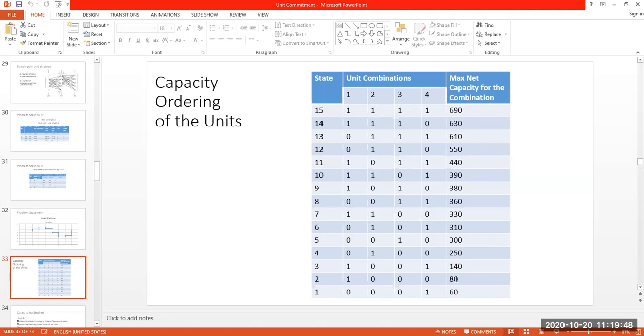Then you simply add up the maximum capacities of whatever binary combination comes within these 4 columns and fill this up. Then, to prepare the capacity ordering, you shuffle between the combinations so that the capacity is obtained in chronological order, from the lowest capacity to the highest. This is what is meant by capacity ordering.